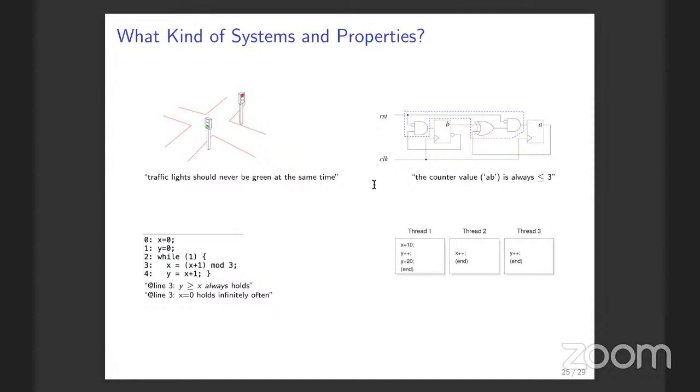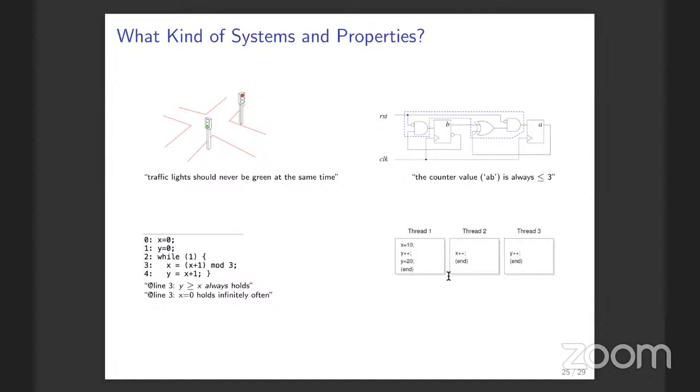Now contrast that to the multi-threaded concurrent program here. I'll ask you questions. You're probably familiar with concurrent programming like C11 and so on. So here there are 3 threads, and each thread consists of a sequential program.